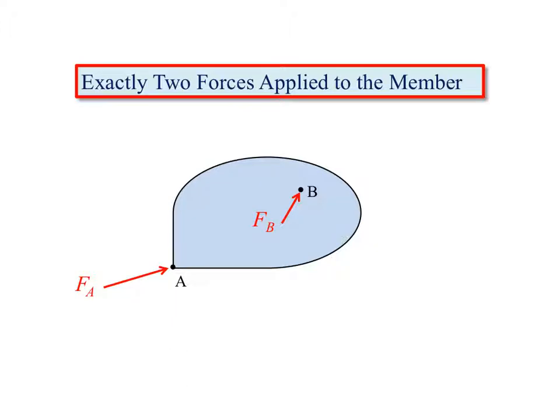So a two-force member is exactly what the name implies. It's a member, and we'll show just a blob here as our member with two forces applied to it. A force at point A, we'll call that FA, and a force at a point B, we'll call that FB. And so we have an unknown magnitude and direction of FA and of FB.